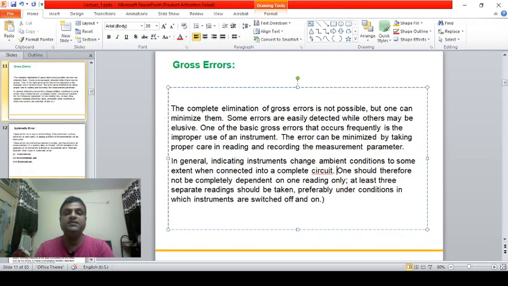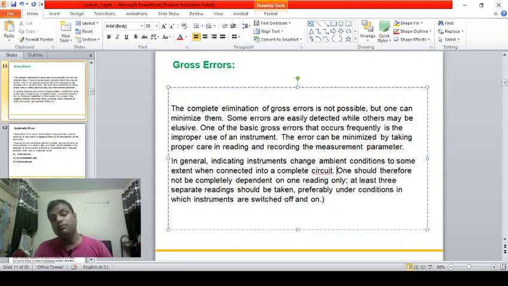Then, in general, indicating instruments change the ambient condition to some extent when connected to a complete circuit. One should therefore not be completely dependent on one reading only. At least three separate readings should be taken; that is basically a general guideline. Ambient conditions in a particular location affect our reading.